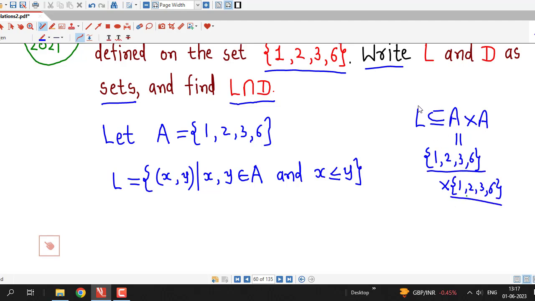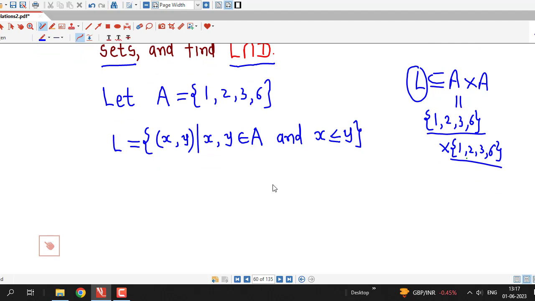Out of those 16 ordered pairs, we have to write down those ordered pairs (x, y) for which x is less than or equal to y. So for that we start by fixing this 1.